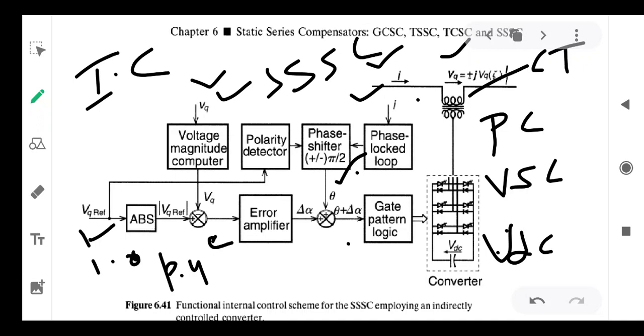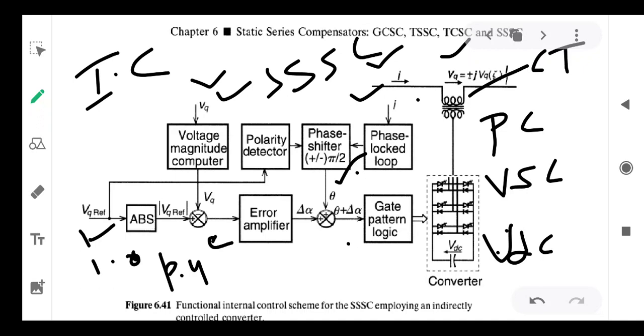Once we get the required VQ value, it is obtained here. Again, it will compute the VQ magnitude value, and the VQ reference is obtained here and both are compared until you get the error equal to 0. This control circuit will operate continuously in order to achieve the required function.